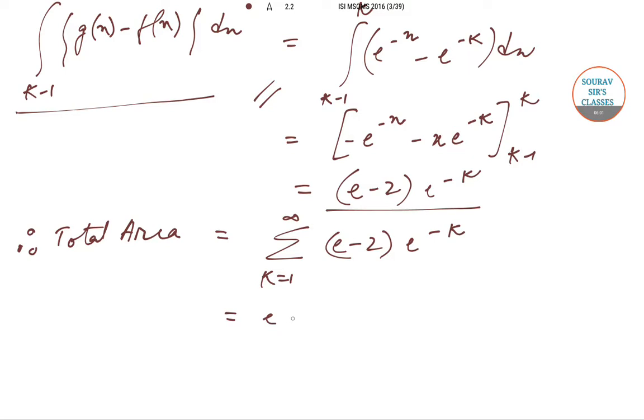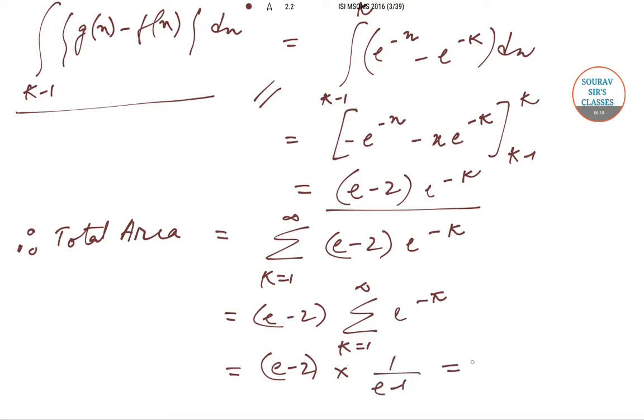Taking e minus 2 out, it can be written as summation of e to the power minus k, where k goes from 1 to infinity, and the value of this very part is e minus 2 into 1 by e minus 1, and so the value comes as e minus 2 by e minus 1, and this is the option D.